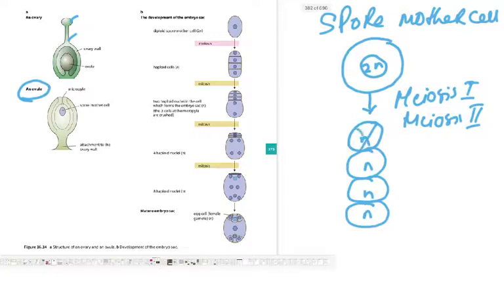3 of them degenerate. And the one surviving haploid cell, this is the one which has survived, will now develop into an embryo sac.